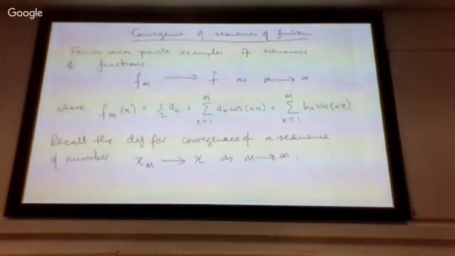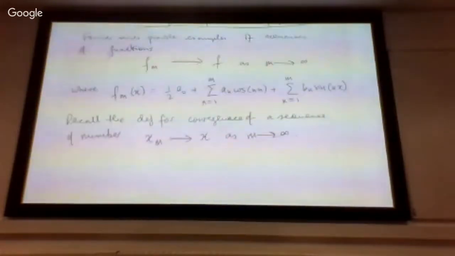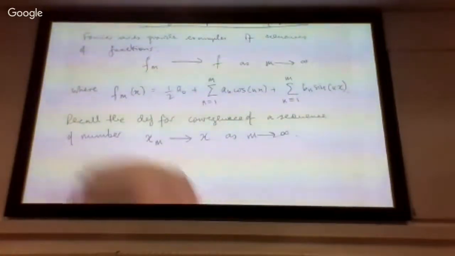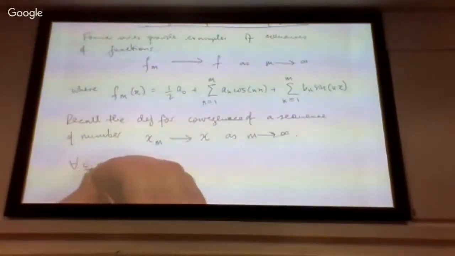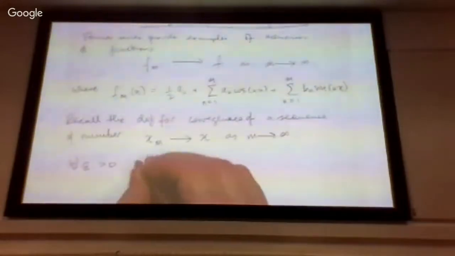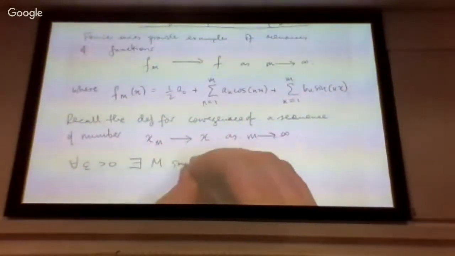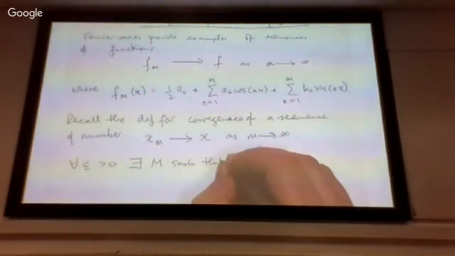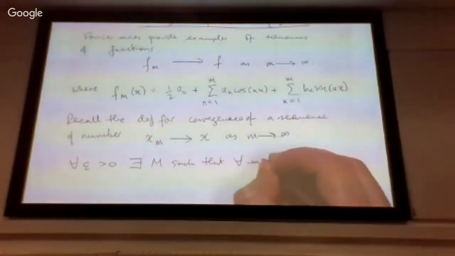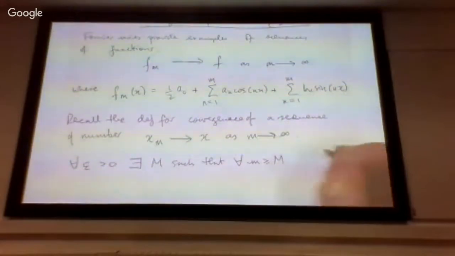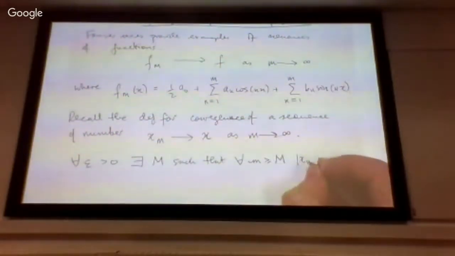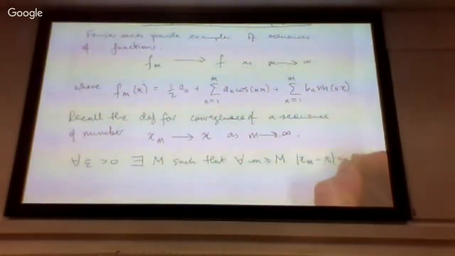How did we define that? We defined that using our epsilon-capital-M definition. For every epsilon bigger than 0, it was possible to find a point capital M such that for all values of little m bigger than or equal to capital M, we had the absolute value of xm minus x being less than epsilon.